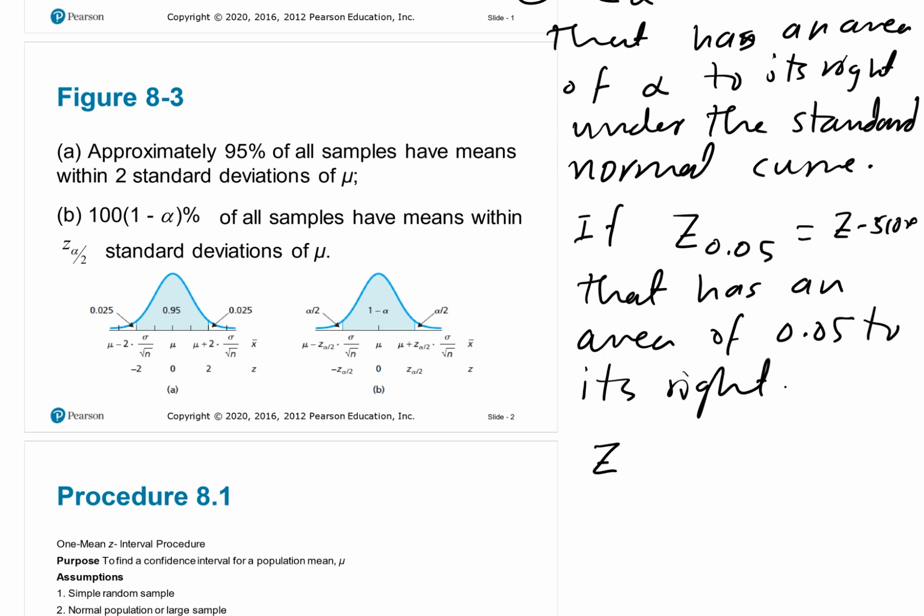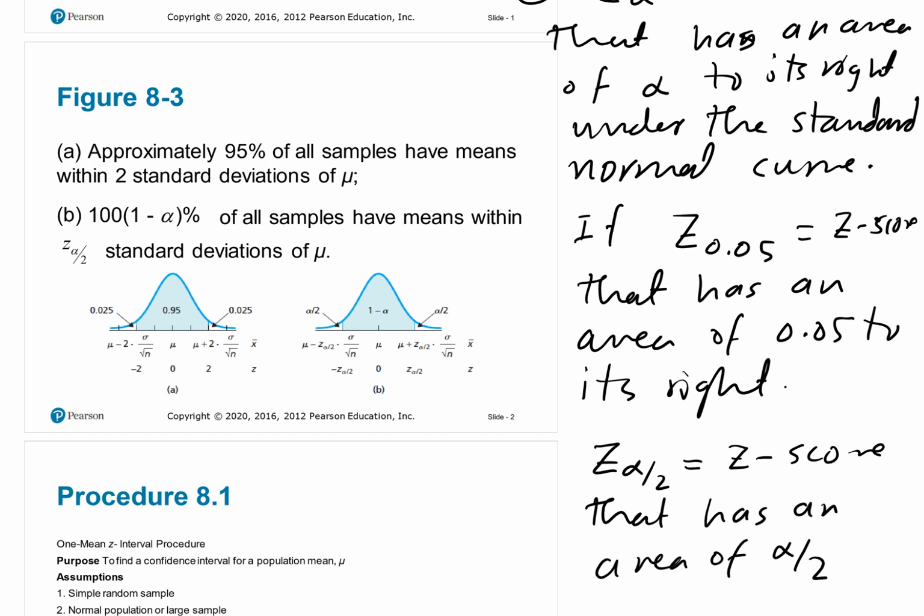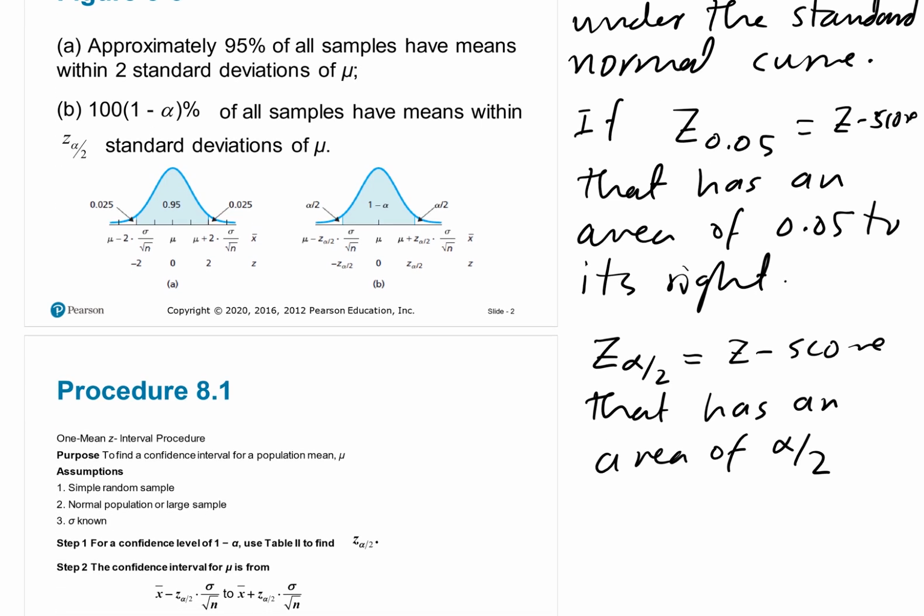So z sub alpha over 2 is also the z-score that has an area of alpha over 2 to its right.